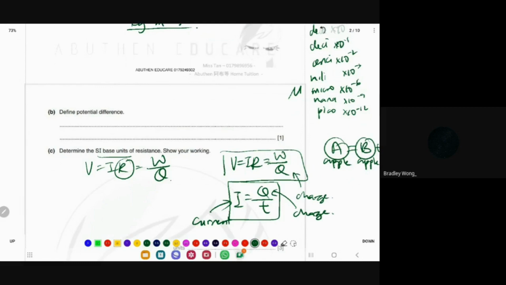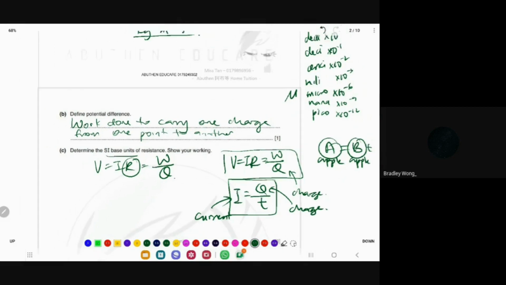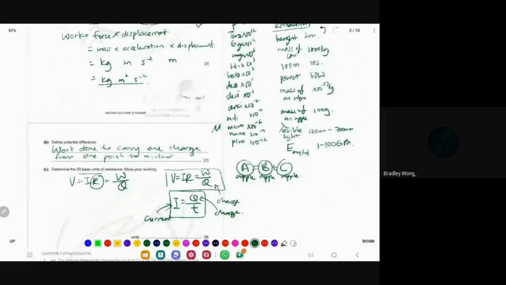Yeah. You go and ask in office. Potential difference is... Okay.